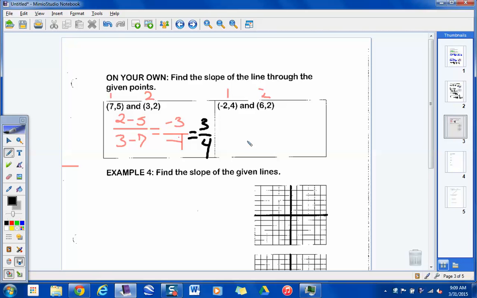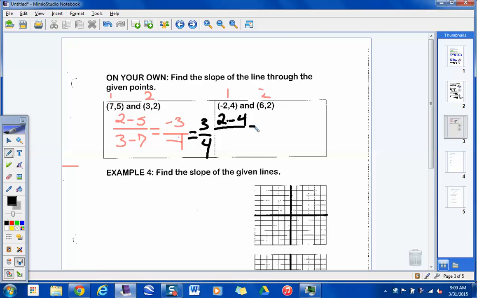Okay. So we do 2, because it's the second y, second line. And then 4, because it's the first y. 2 minus 4. Y2 minus y1 is what she said. Fine, I'll yell.